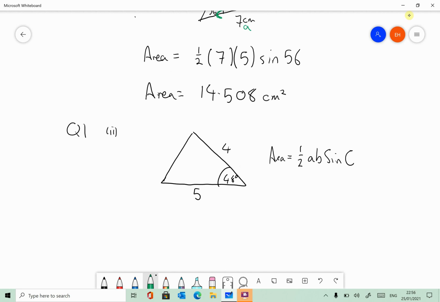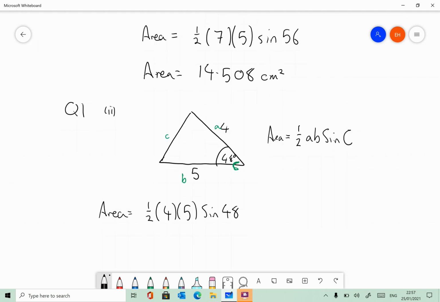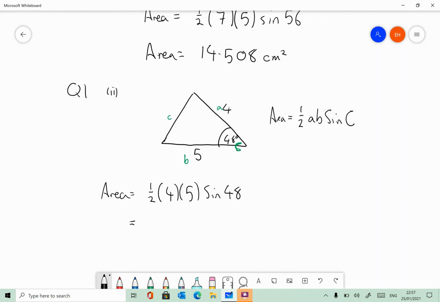So it makes sense to call the angle we've been given the angle C. That means that's lowercase c, this is A and this is B. So I can now go area equals a half times 4 times 5 times the sine of 48. And the area equals 1 over 2 multiplied by 4 multiplied by 5 multiplied by sine 48, which is equal to 7.43. 7.43, and I think that's centimeters squared.